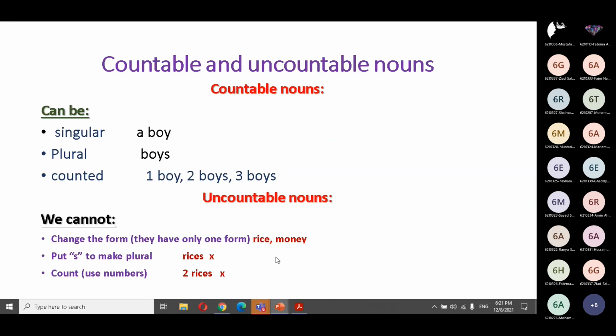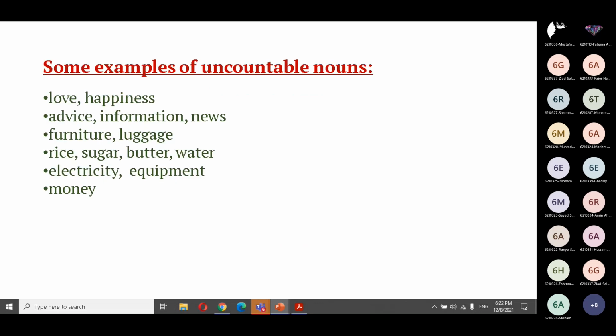You cannot say 1 rice, 2 rices, 3 rices, 1 money, 2 money, 3 monies. So the most important thing you use to differentiate between countable and uncountable is this: if the noun has singular and plural, it's countable. As I said some time ago, most English words are countable nouns, but a few are uncountable.